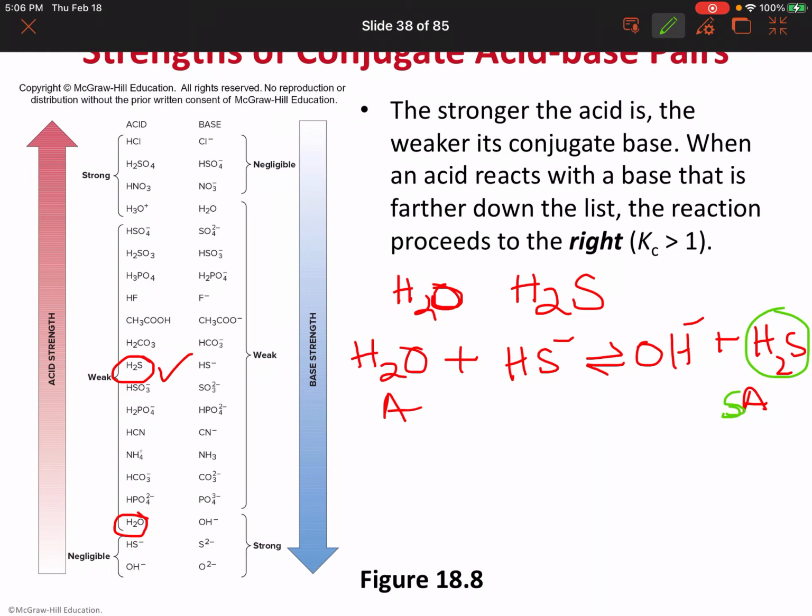And then let's look at the bases, the conjugate bases, HS minus. You look in the base section: HS minus right there, and hydroxide, OH minus. Which one is strong between these two? It is going to be hydroxide, because it's down the list. So hydroxide is a strong base.